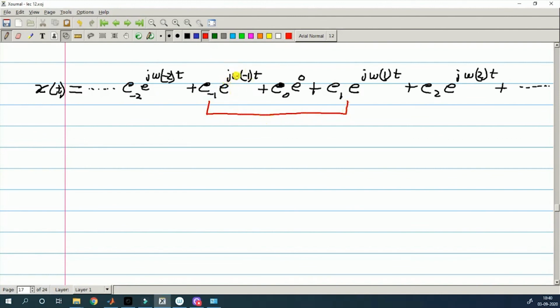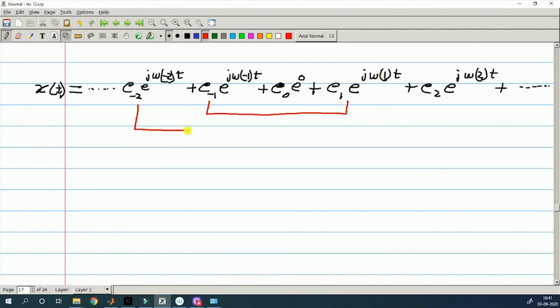Here e to the power j omega minus 1 t is a signal that rotates with an angular velocity of omega in the clockwise direction, and this is a signal which rotates in the opposite direction but with the same angular velocity.